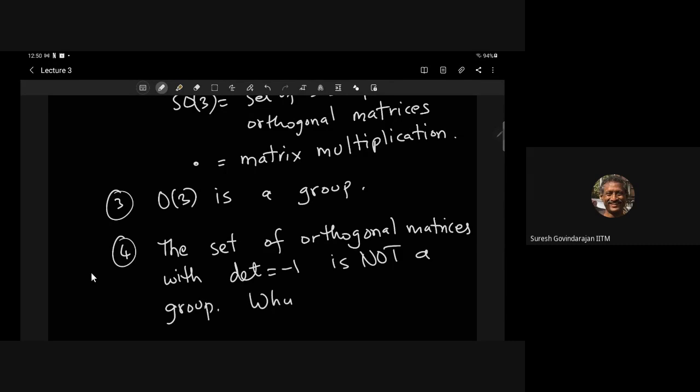Why? Closure not satisfied, because of the product of two such matrices. So SO3 works, O3, the full group works, but you can't have the determinant -1.